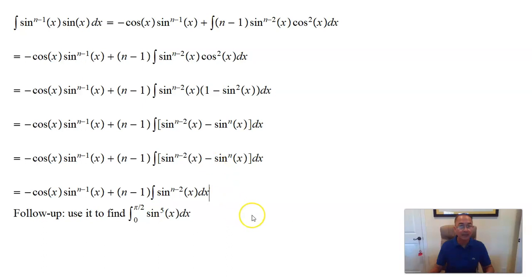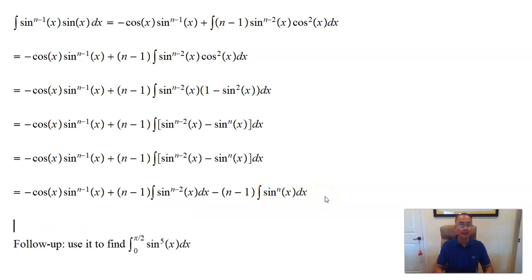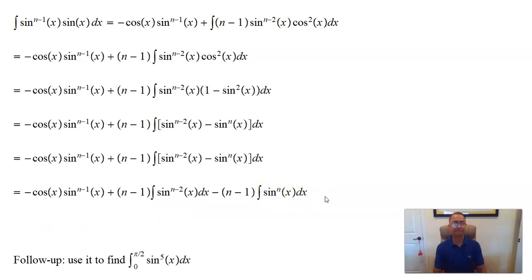And then minus another n minus 1 integral of sine to the n x dx, our original integral. Okay, as usual, quick check, n minus 1 sine to the n minus 2 minus n minus 1 integral sine to the n x dx. I think that's correct.